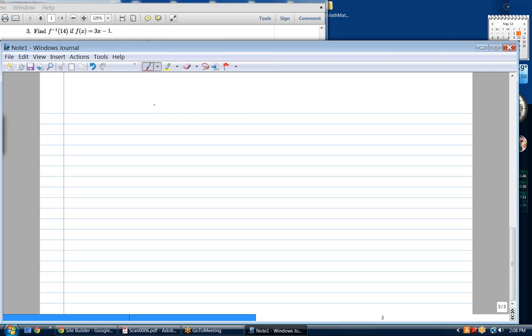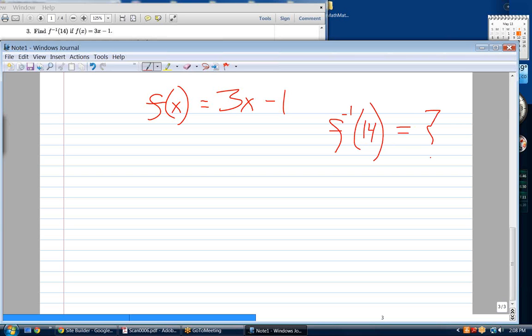Okay, here we have a problem that we can do a couple of different ways. We can do it the hard way, or we can do it the easy way. Although I'm not sure it's that easy. They want to know what the inverse function evaluated at 14 is.